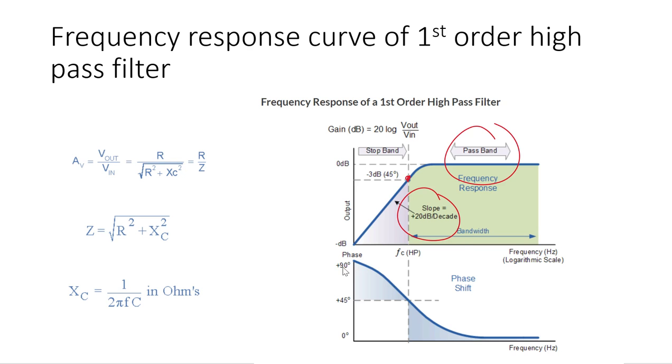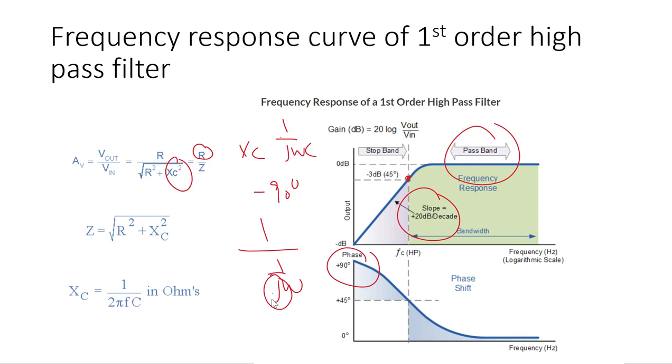If we graph its equation, it will be something like this: Xc divided by this thing. In the previous equation we had Xc above, so due to that we had minus 90 degree, as Xc is 1 over j omega C. Now the Xc is in the downside, so 1 over j omega C will make this j go up. Are you getting my point?